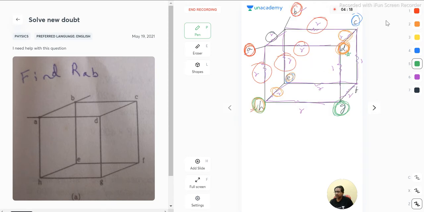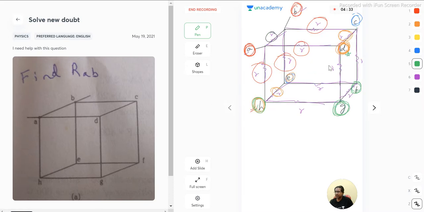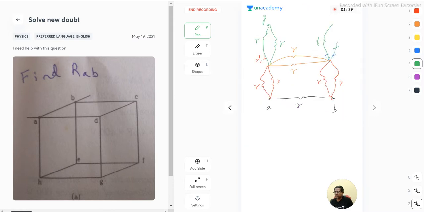Similarly, if we look at C, C is connected to B, that we have already represented. C is connected to D, we have already represented, but C is also connected to F, so we should make this now. Okay, and in the same way, E and F are also connected by resistance R, so that means we also have a resistance R here.